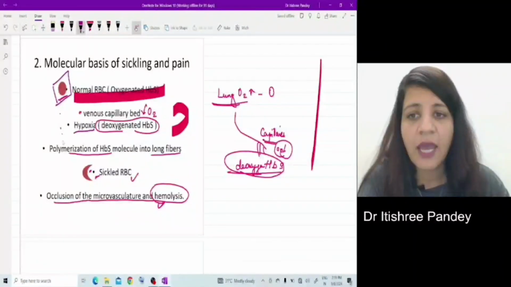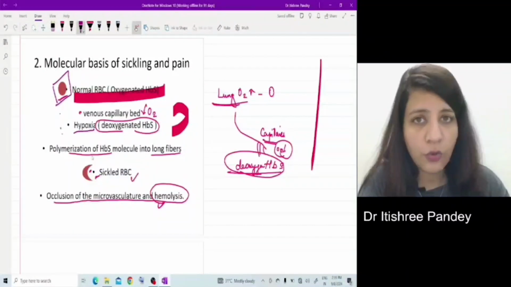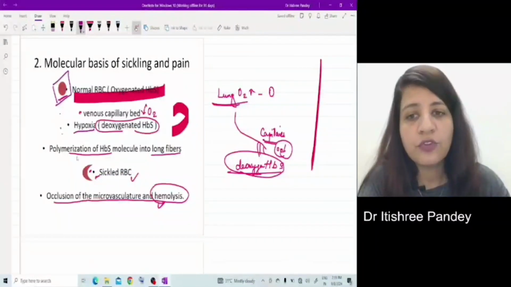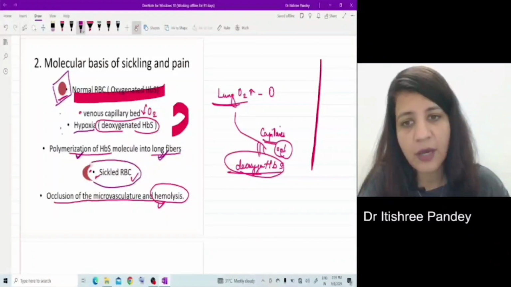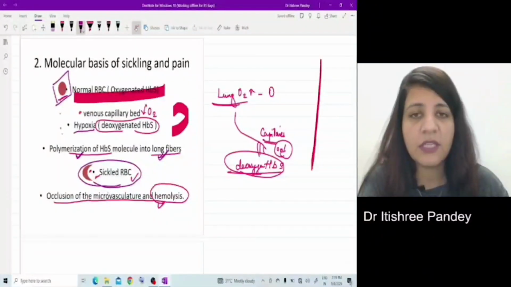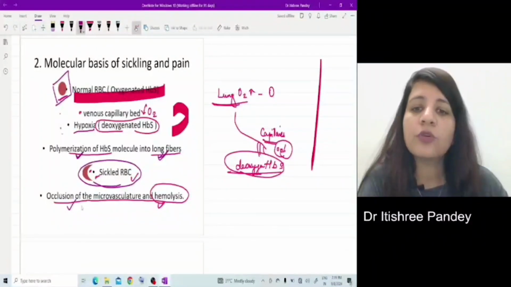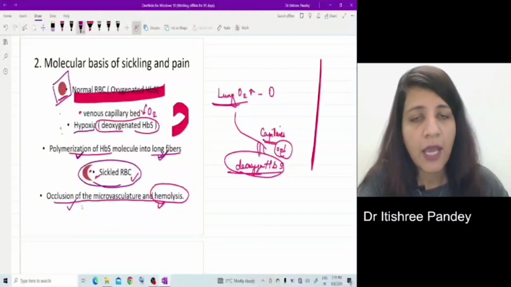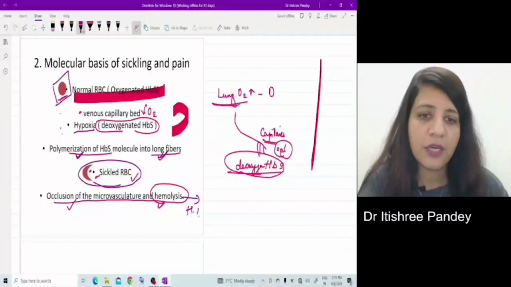This sickling happens because HbS under hypoxia undergoes polymerization into long fibers, leading to sickled RBC. This sickled RBC leads to occlusion of the microvasculature and hemolysis, leading to hemolytic anemia.